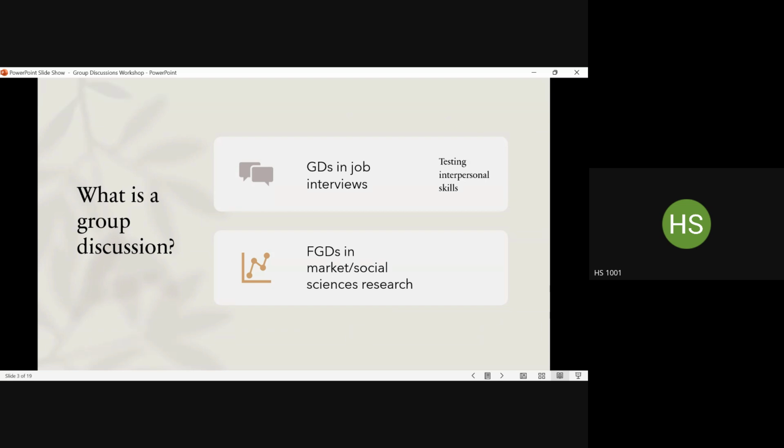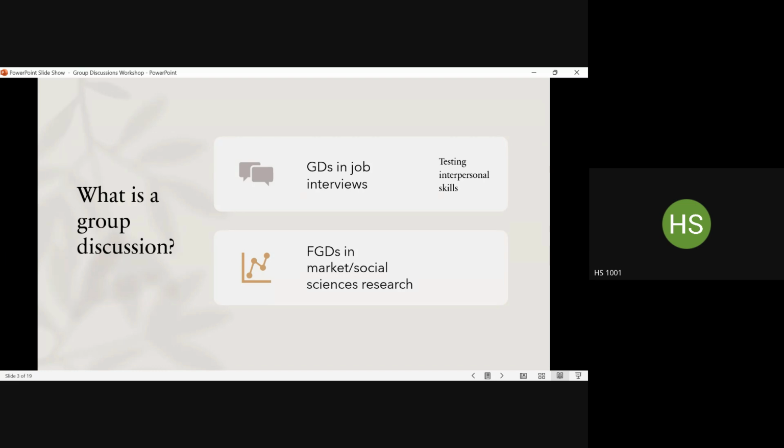What motivates them to come to a particular restaurant, buy a certain toothpaste, choose a certain shampoo? Why is it that this particular product is preferred over other products, etc.? So, this is a research tool.